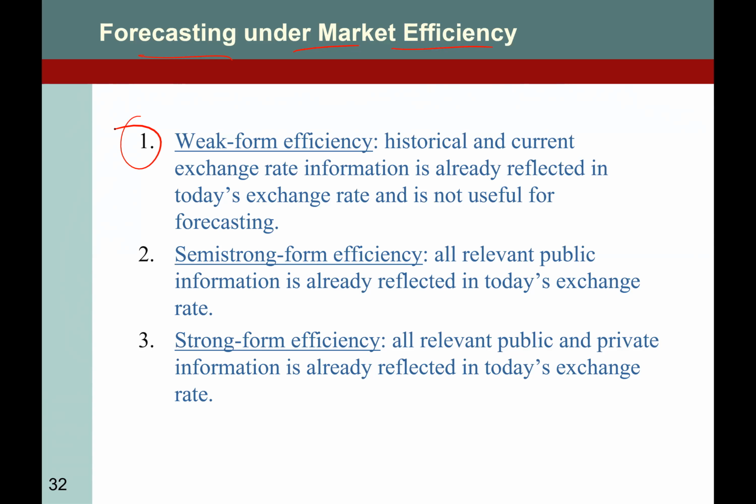So forecasting under market efficiency. There are three types of efficiency. Number one, weak form of efficiency. Number two, semi-strong form of efficiency. Number three, strong form of efficiency. Weak form of efficiency means historical and current exchange rate information is already reflected in today's exchange rate and it is not useful for forecasting.